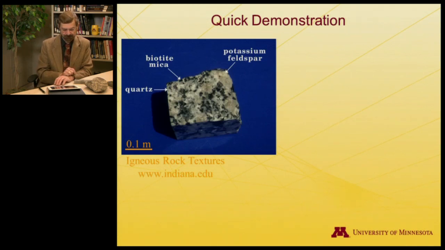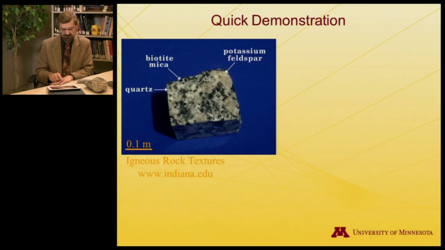So here's a photomicrograph or photograph of a piece of granite that comes from University of Indiana's website. Granite similar to this, although it has a bit more K feldspar, potassium feldspar, in it. And that's a scale of maybe 1/10 of a meter, maybe even a little bit smaller than that.